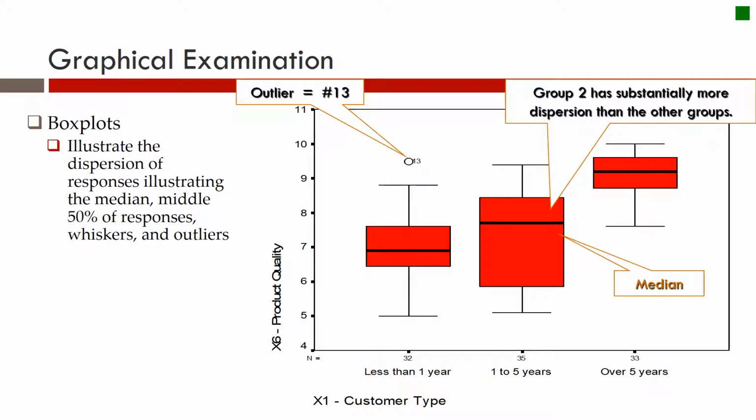Okay, and here's another example of a graphical examination, which would be a box plot. The box plot has 3 or 4 pieces here. First of all, it has the quartile ranges. So we have the range of responses within the first, the second and the third, and then the fourth quartile. So the second and the third quartile should be in the middle, with the mean also illustrated here with this line.